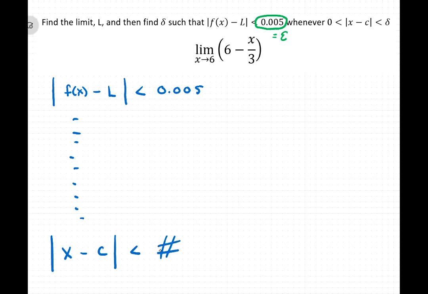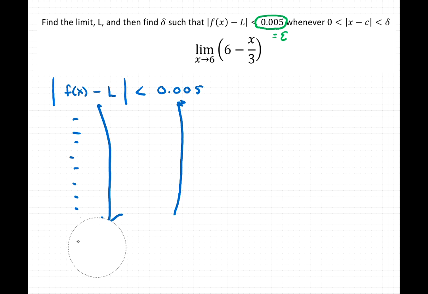As we transform the left-hand side, this number is going to change, and when the left side looks like what it's supposed to look like, whatever number is on the right side is going to be your delta, the corresponding delta that works with the epsilon value that we start with. Okay, so let's erase this.